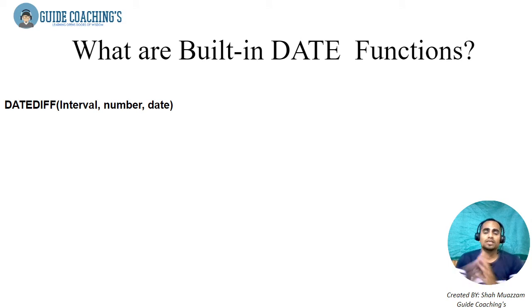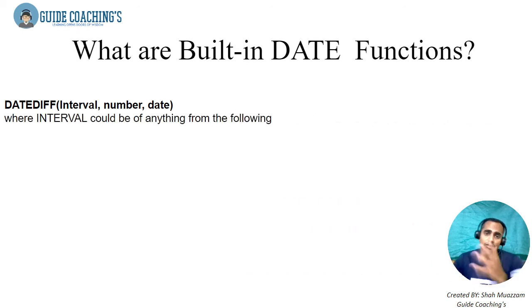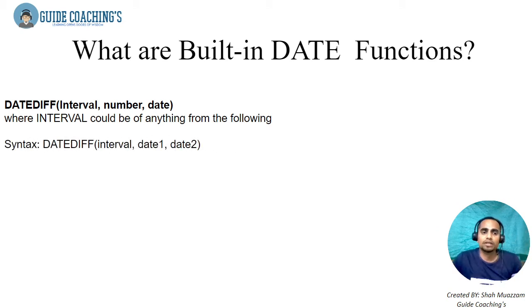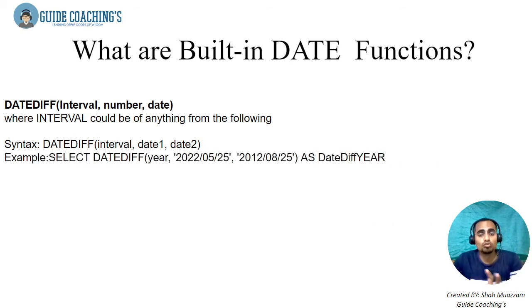So date diff is basically used for getting the difference between the dates. So here also we will have the interval, and the same intervals will be considered. So here we will have two dates and one interval. On the basis of what you want to take the difference from date one and date two.